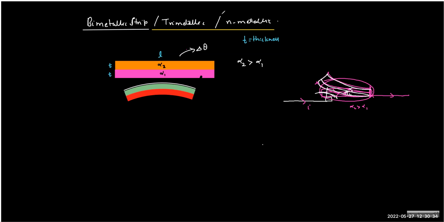All right. The bimetallic strip I have, I make it smaller. That's not an issue. And once it bends, it will have some curvature, some radius.